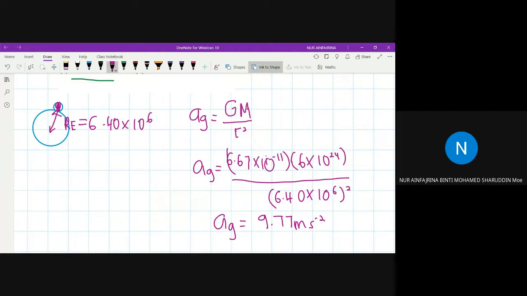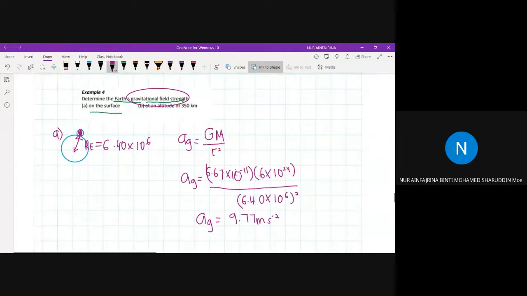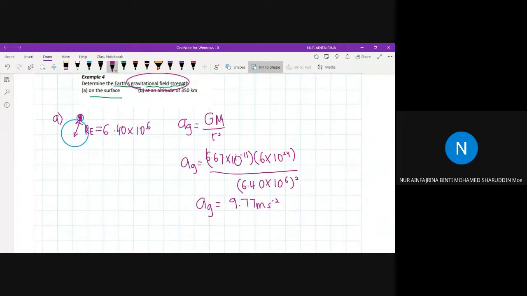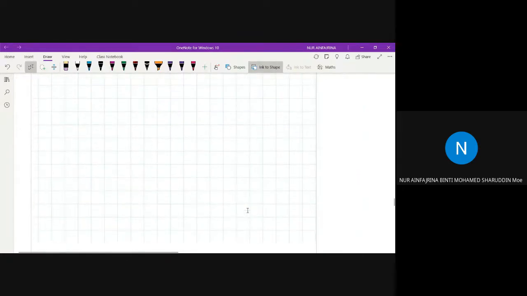Alright, okay ke? Okay, now determine the Earth gravitational field at an altitude of 350 kilometer. Mari kita tengok macam mana nak buat dia.